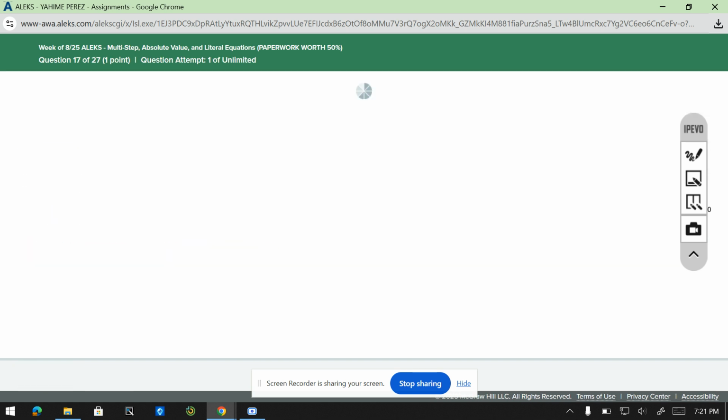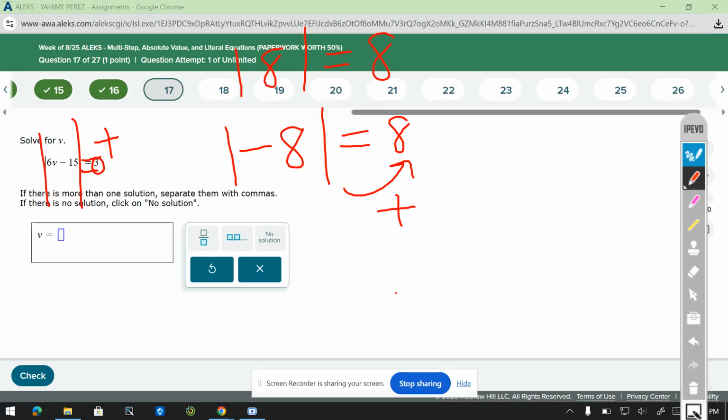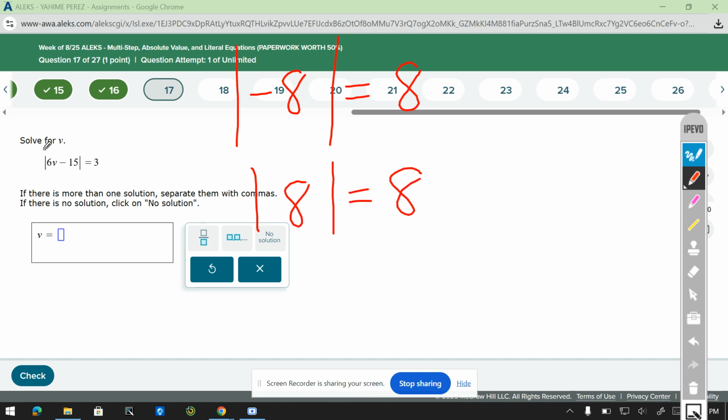Moving on to 17. Okay, so this is a good example. Any number that you put through the absolute value has to equal a positive number. In this case, we have absolute value equal to +3.